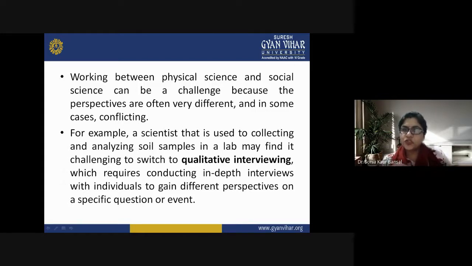It would be a little difficult if he goes towards qualitative interviewing, which is very common in social science research, and which requires conducting in-depth interviews with individuals to gain different perspectives on a specific question or event. So understand, students, this is how it works.